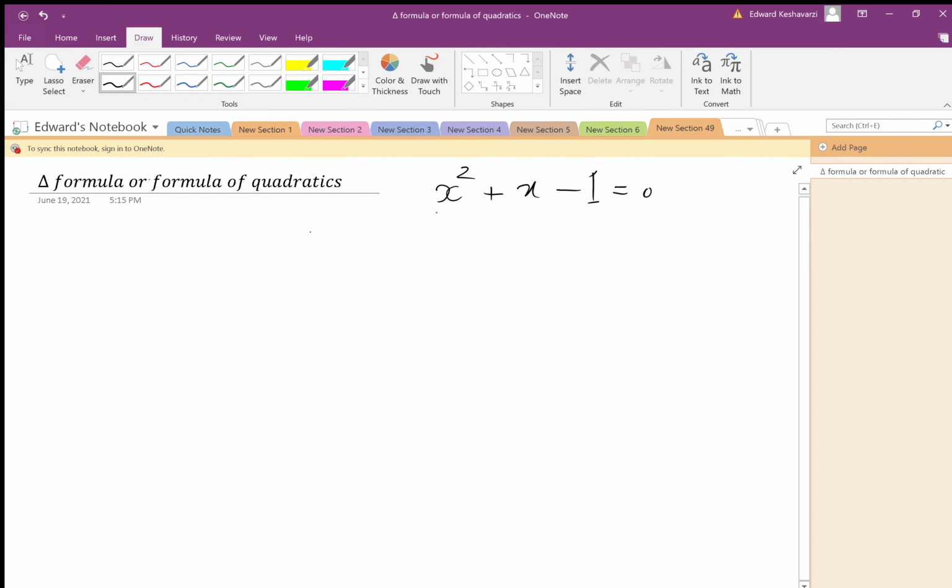It means you cannot write it as the product of two linear equations with integral coefficients. This is why, if you want to solve this equation, you need another method that I'm going to talk about in this lesson.